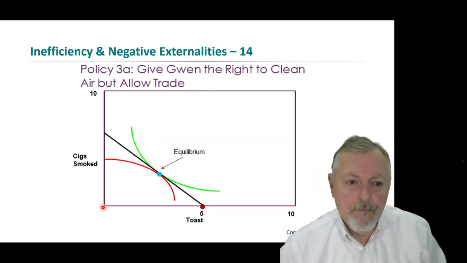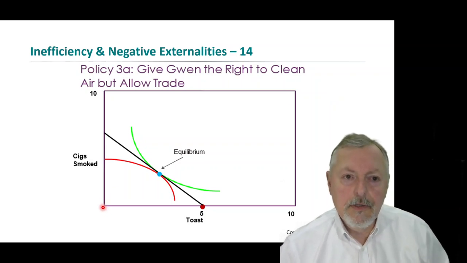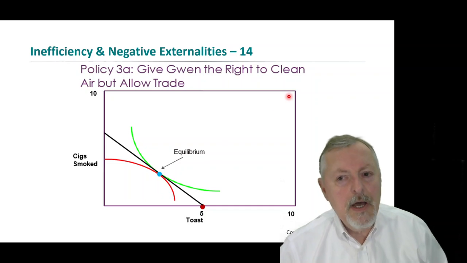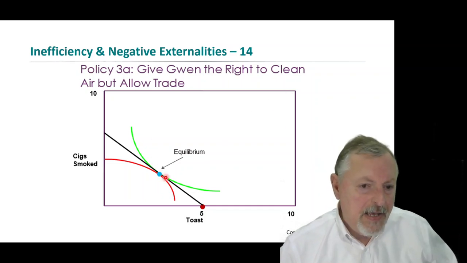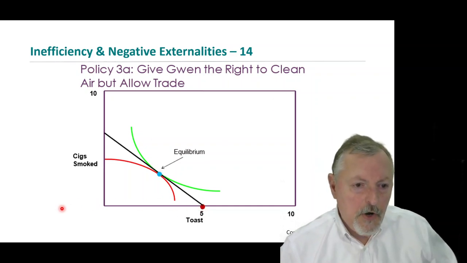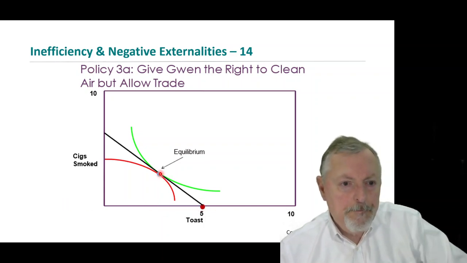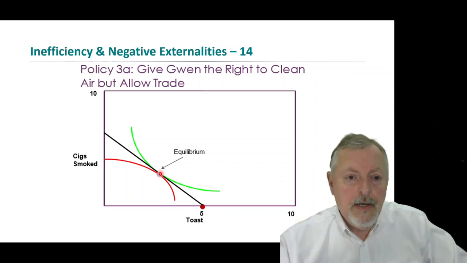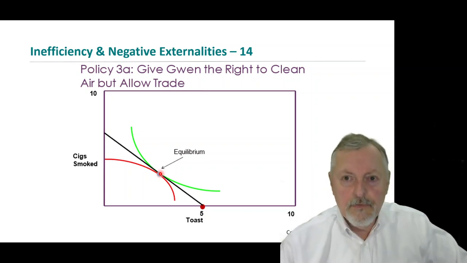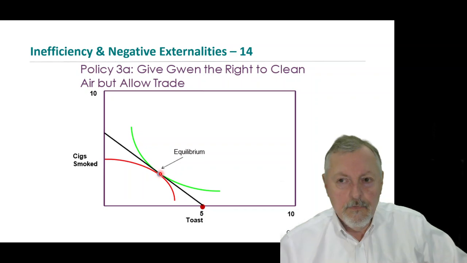So the smoker has to purchase the right to smoke from the non-smoker. In that case, starting at an allocation of no smoke, they can both be better off by the smoker purchasing some quantity of right to smoke from the non-smoker.